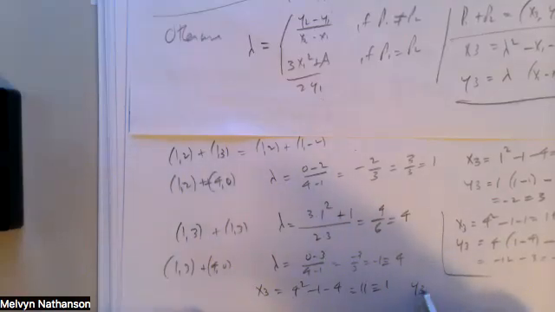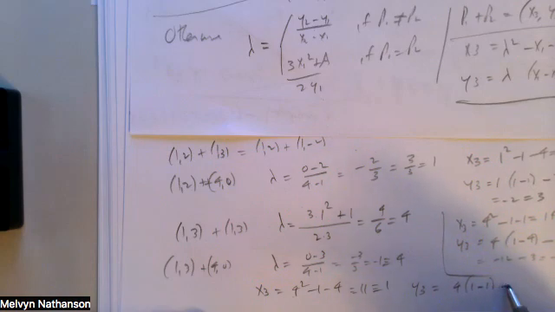And y3 is lambda, 4, times x1 minus x3, which is 1 minus 1, minus y1, which is 3. So that's minus 3, which is 2. So (x3, y3) is (1, 2).